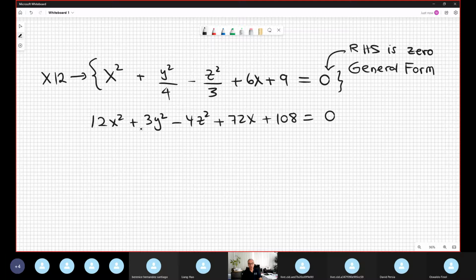Multiply by least common denominator, 12. Now this is a crucial moment. You group 12x squared, so you copy 12x squared plus 6x. Where does this 6 come from? Well, this 6 is 72 divided by 12. Plus box.